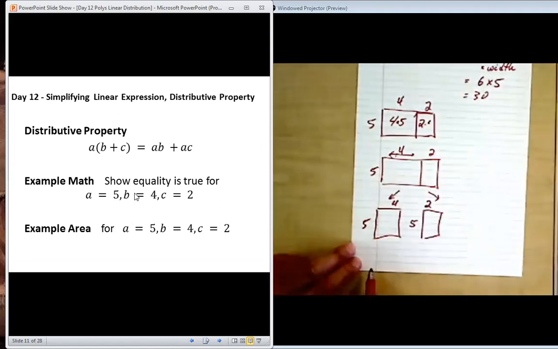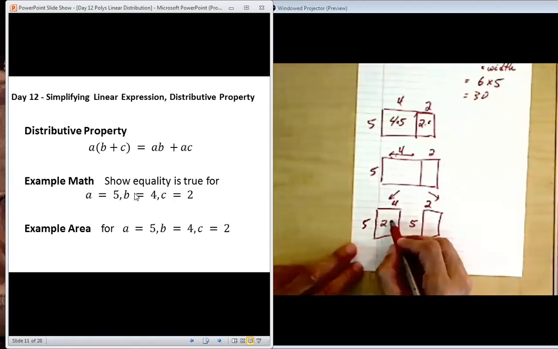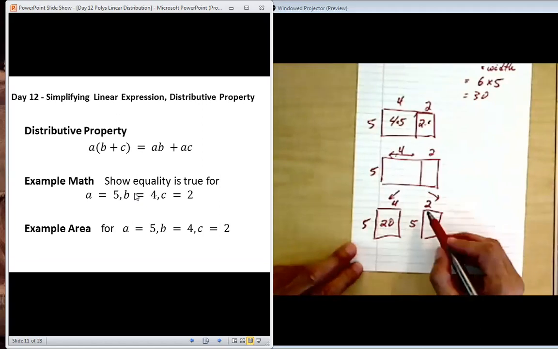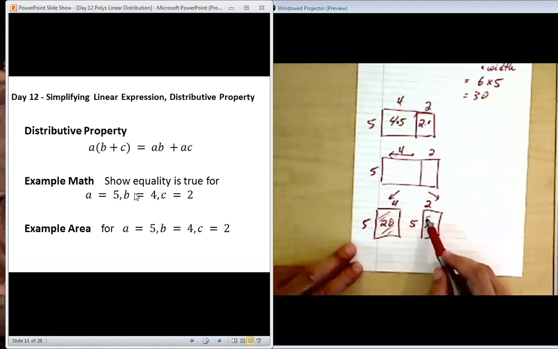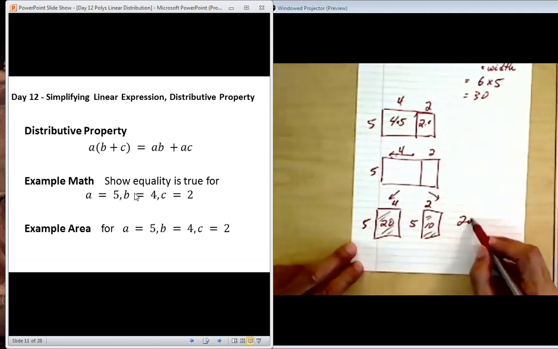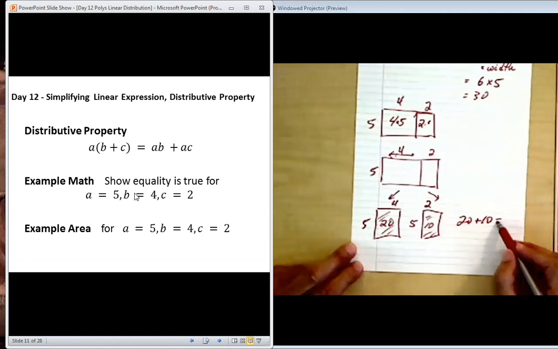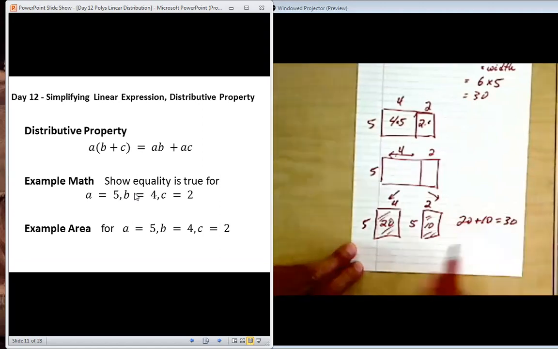Okay. What's the area of this one? 20. Yeah. You get it from 5 times 4. This one? 10. So what do you get when you add these up, this area plus this area? 20 plus 10? 30, right?